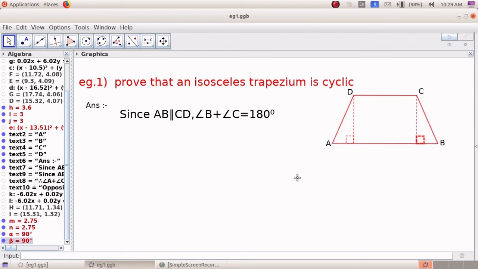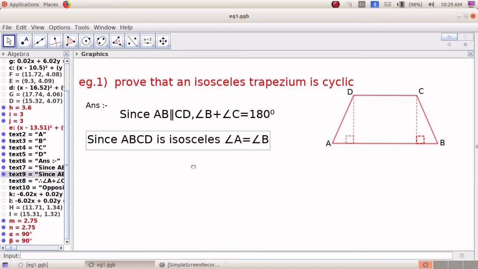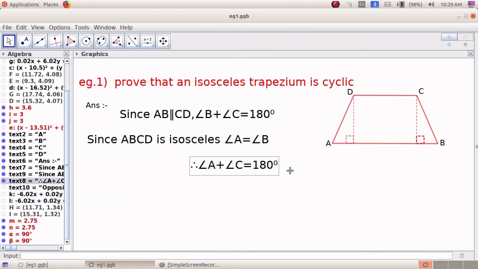And so, since AD and BC are equal, that means ABCD is an isosceles trapezium, that means angle A is equal to angle B. For any isosceles trapezium, its base angles will be equal. And so here let us write, since ABCD is isosceles, angle A is equal to angle B. Now let us substitute angle B by angle A. Therefore, it will be angle A plus angle C is equal to 180 degrees.